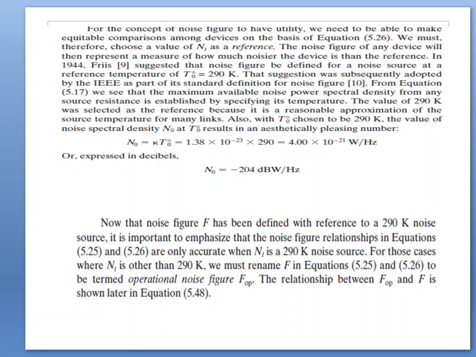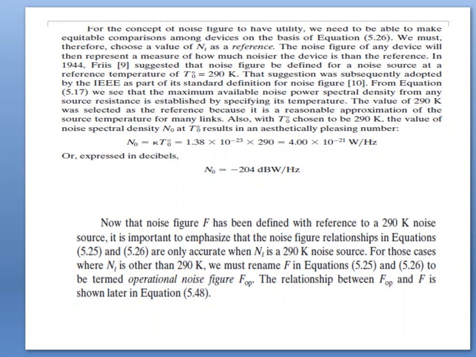Now, the noise figure F has been defined with reference to a 290 degrees Kelvin noise source. It is important to emphasize that the noise figure relationships in equations 5.25 and 5.26 are accurate only when Ni is from a 290 degrees Kelvin noise source.